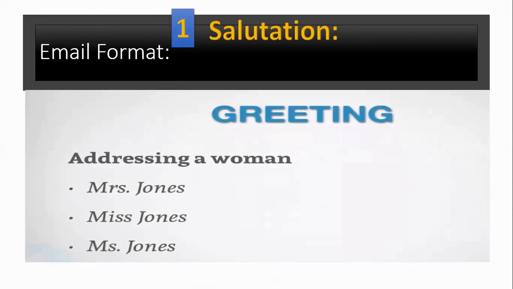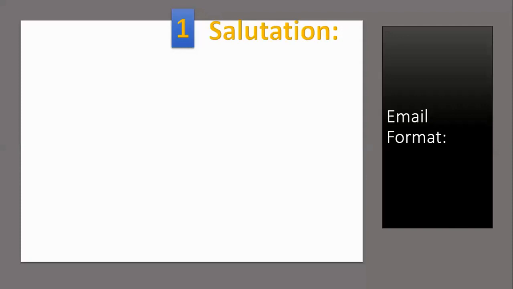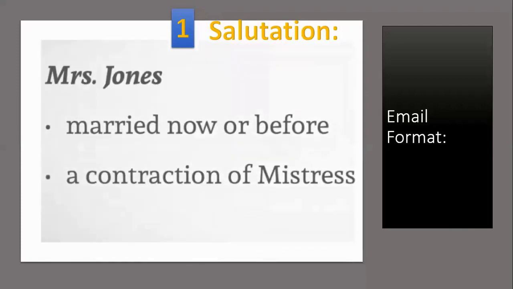Greeting, addressing a woman. If you want to send this email to a woman, you say Mrs. Jones, or Hello, Dear Jones, Miss Jones or Ms. Jones. What are the differences between the three? Mrs., Miss or Ms. Let's see. Mrs. Jones: married now or before, a contraction of mistress. So what if you don't know if the person you're talking to is married or not married?